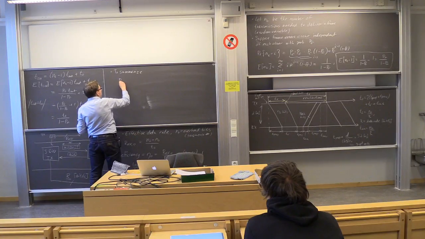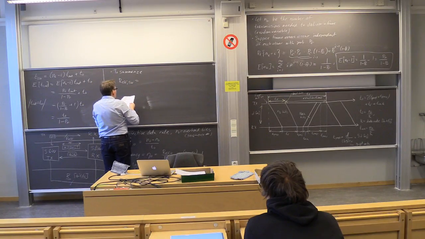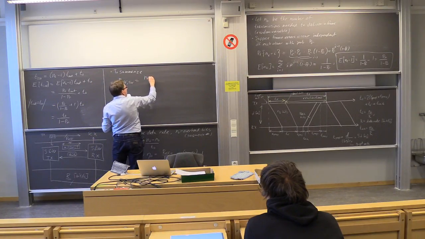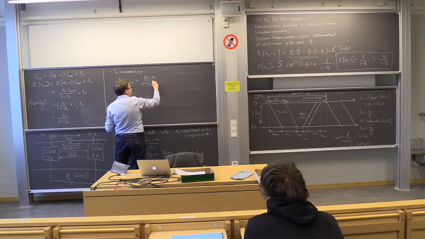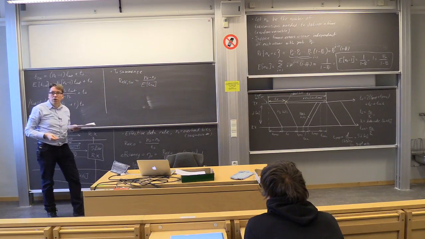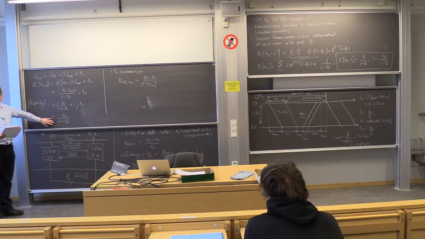the effective rate we get for stop and wait is the number of information bits in the frame, which is nf minus n0, divided by the expected value it takes to deliver that frame. So the expected value of TSW, which we have calculated here.